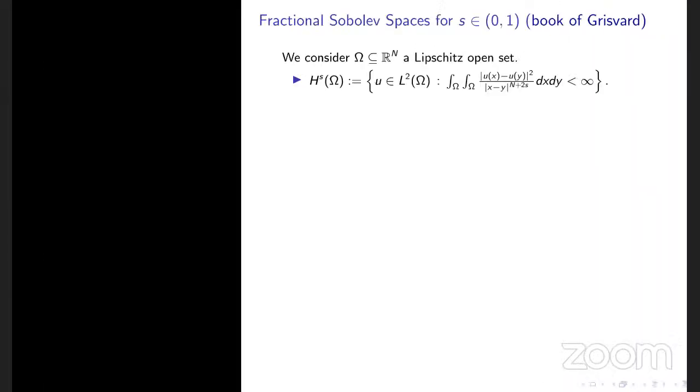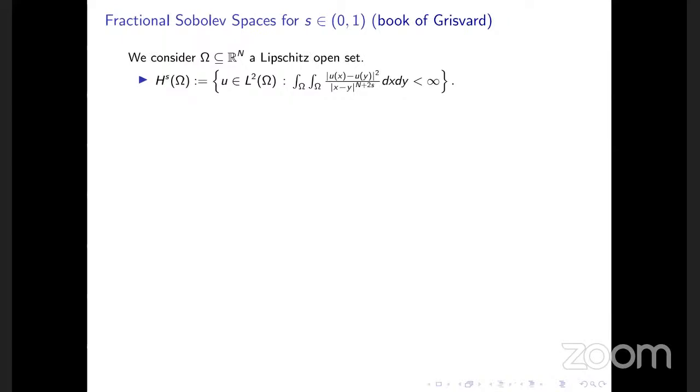So, the fractional Sobolev spaces. Let me look at what people sometimes call the Gagliardo norms. If Ω is in R^n, or even not in R^n, one can define them by Fourier transform, say the Bessel spaces.